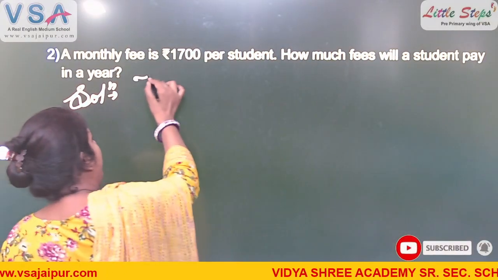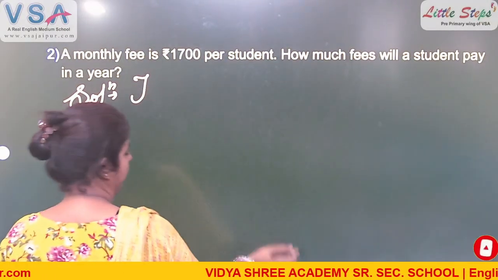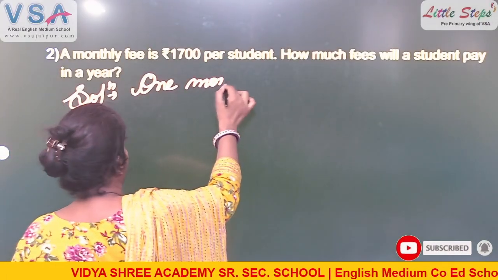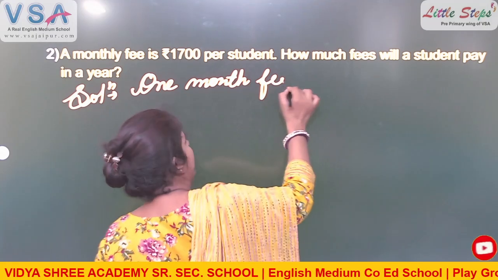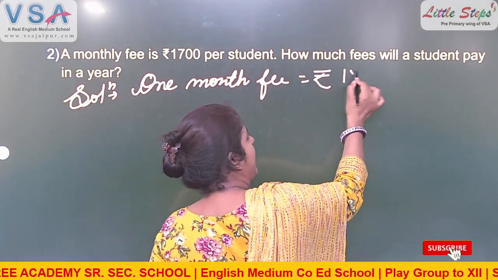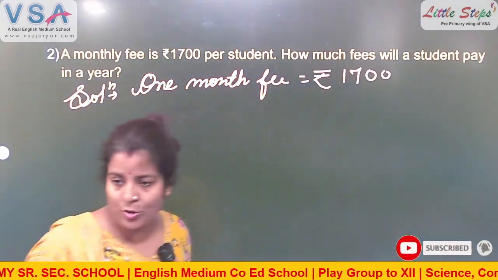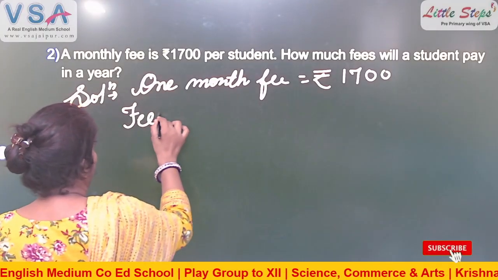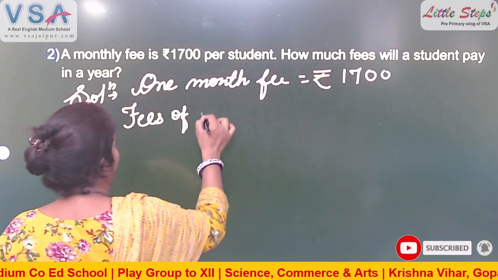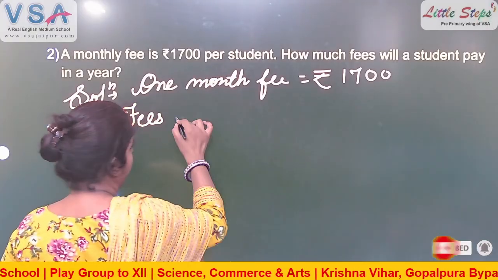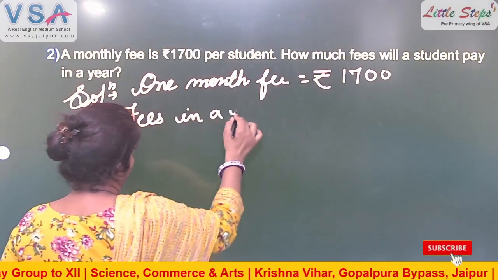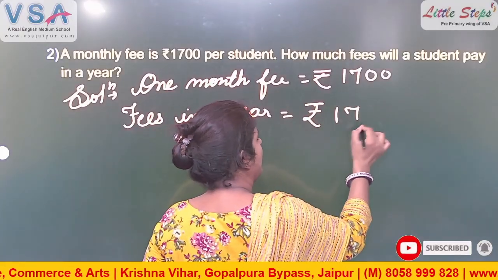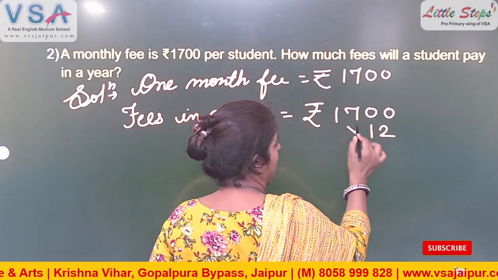So first is the fee for 1 month: 1,700 rupees. And the number of months is 12. So for the fees in a year, multiply by 12, class.